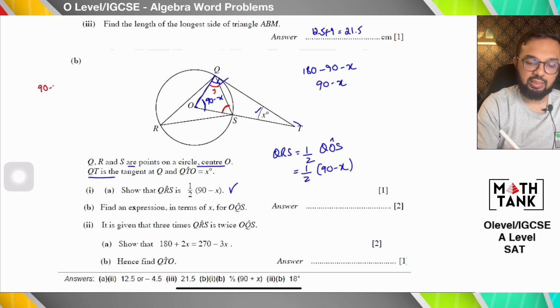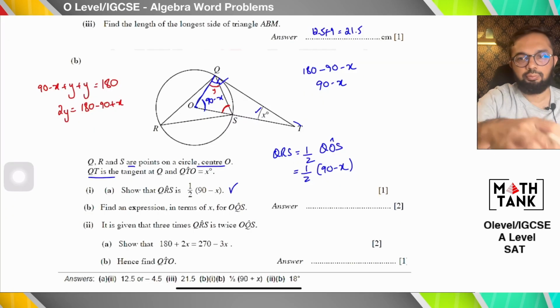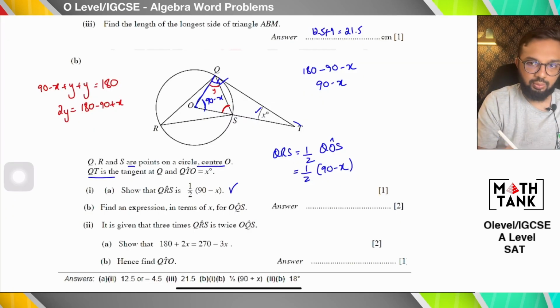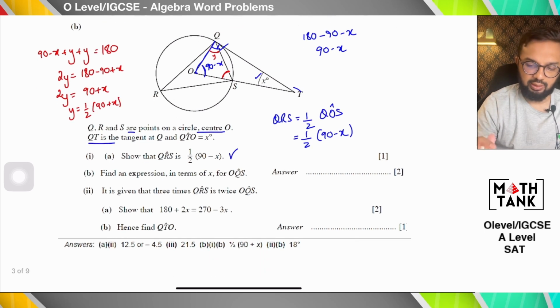So 90 minus x plus 2y should equal 180. So 2y equals 180 minus 90 plus x. So 2y equals 90 plus x, and y equals half of 90 plus x. That's a strange conclusion, but yes, that's the correct answer.